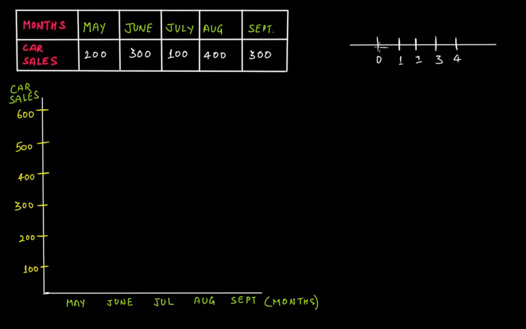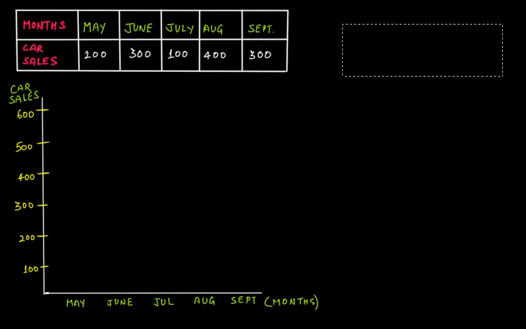So the distance between them, the unit length, should be equal, right? That's the basic of number lines. And same thing will be in case of here when we are representing this information. So these unit lengths are equal. If you consider 0, that is, this point is 0, then 100, then 200, then 300, then 400, then 500, then 600.